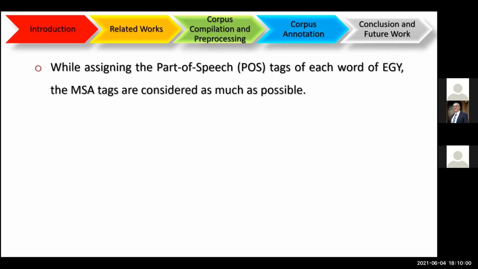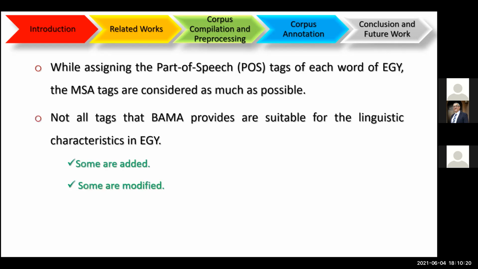But while assigning the part of speech in our annotation process, the tags are kept as near as possible to the MSA Arabic tags. Nevertheless, not all tags that BAMA provides are suitable for the linguistic characteristics of Egyptian.